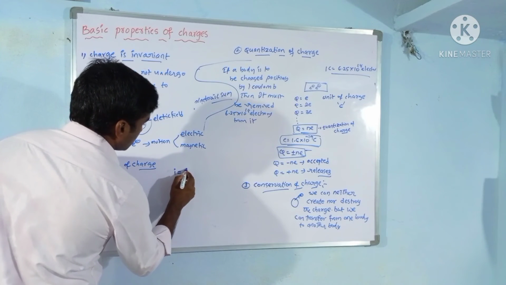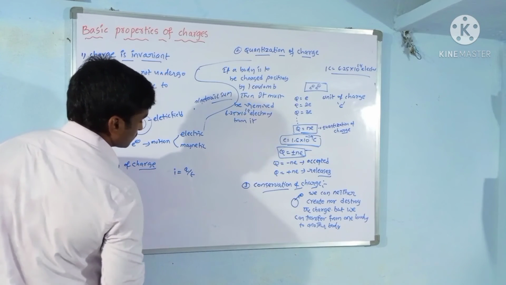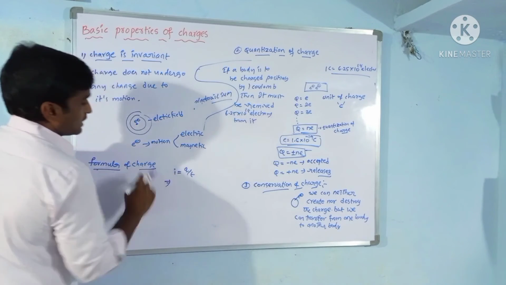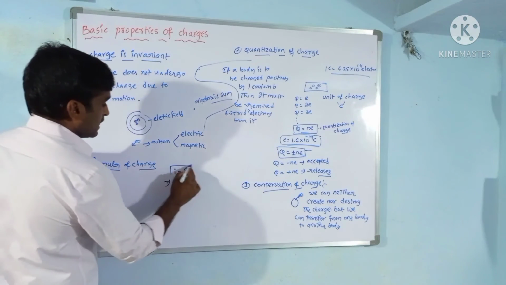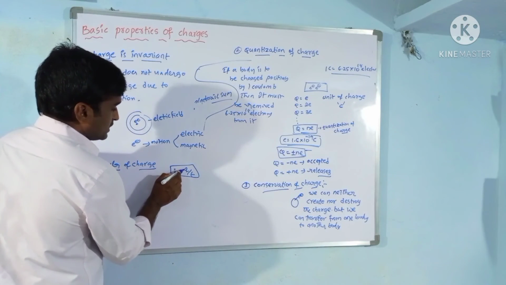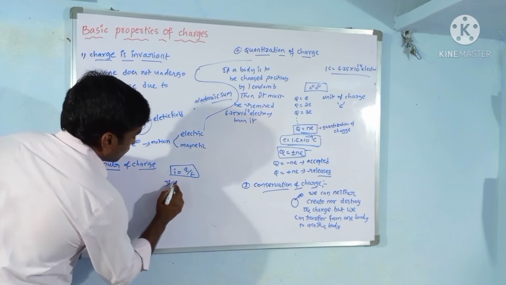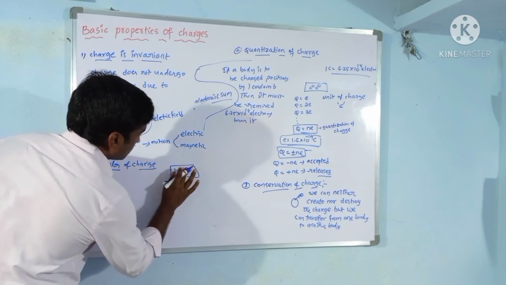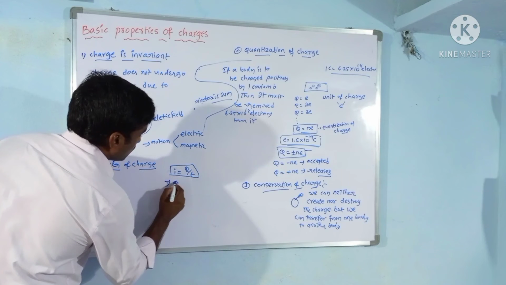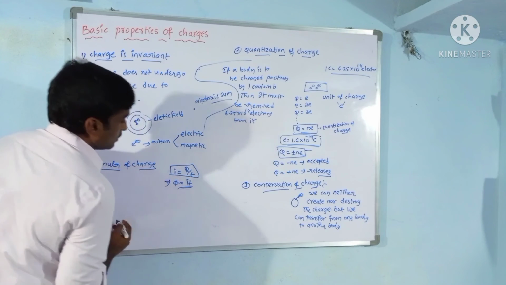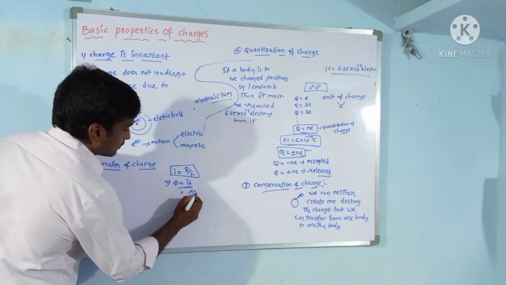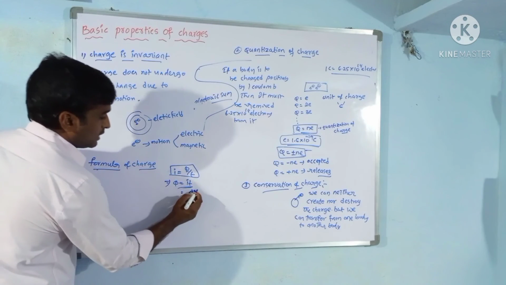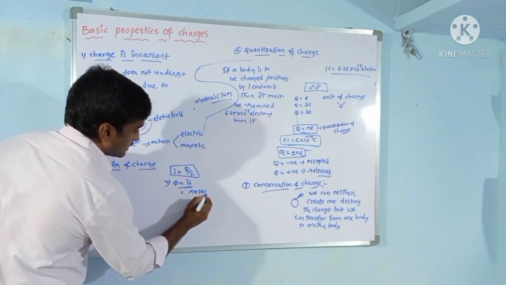Current is equal to Q by T. You will study this in the next chapter, current electricity. Just remember I is equal to Q by T. Q means charge, T means time. From this equation we can write Q is equal to IT. I means current, and the unit of current is ampere. T means time, in seconds.